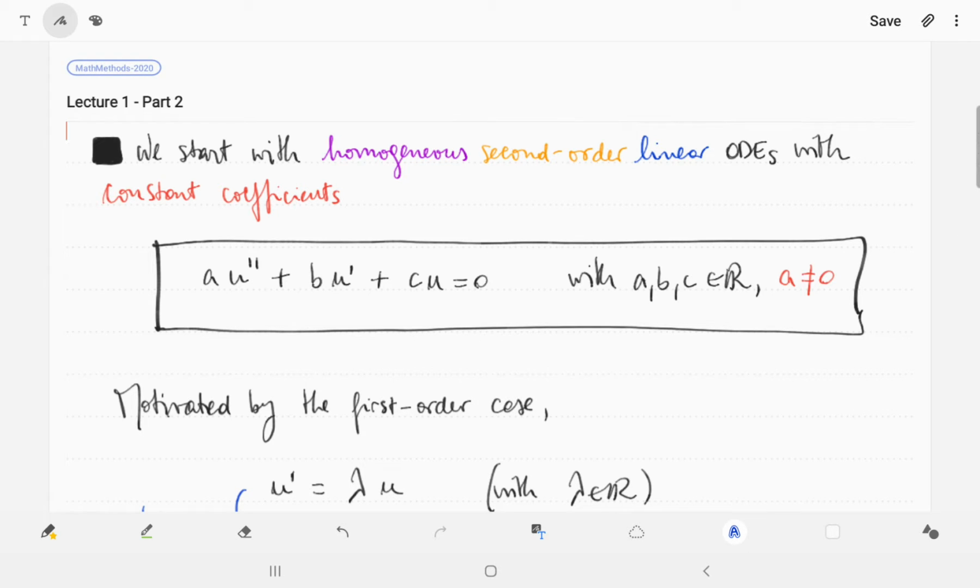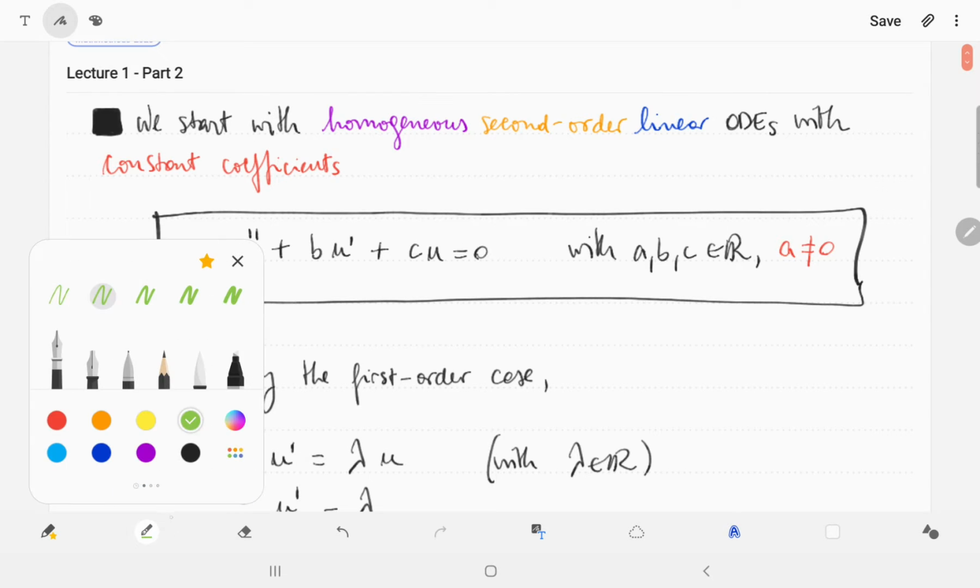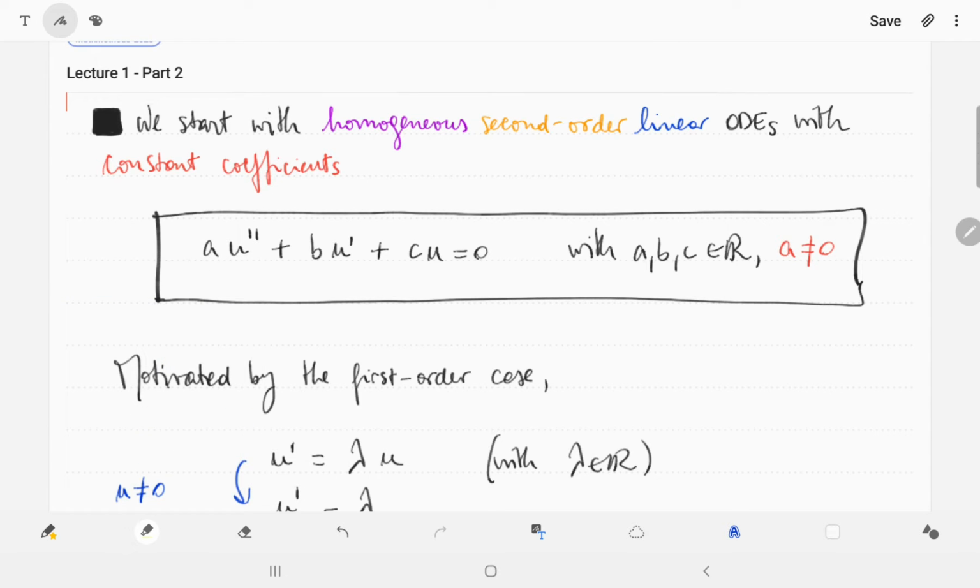So now we continue with how to find solutions of these homogeneous second order linear ODEs with constant coefficients. By constant coefficients, we mean that, remember, our second order linear ODEs are of this form with the second derivative, first derivative, and the function u that we don't know.